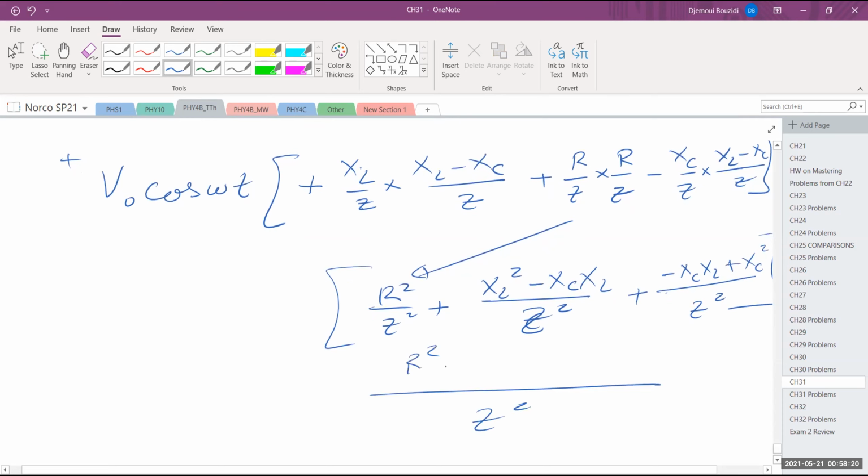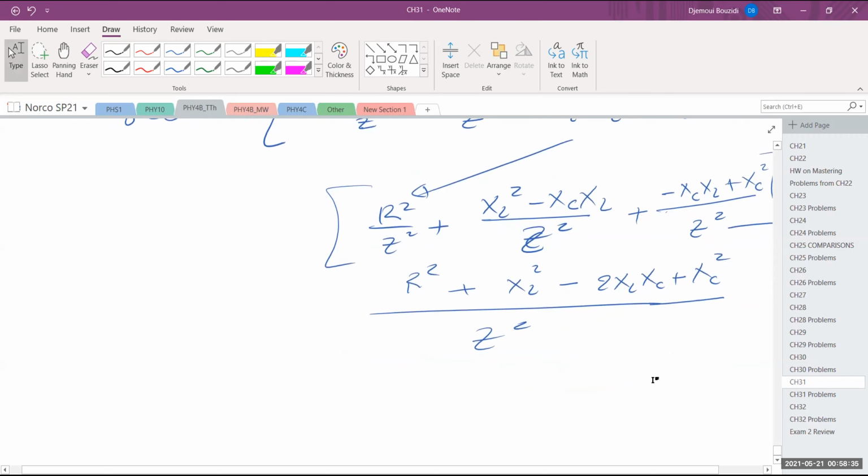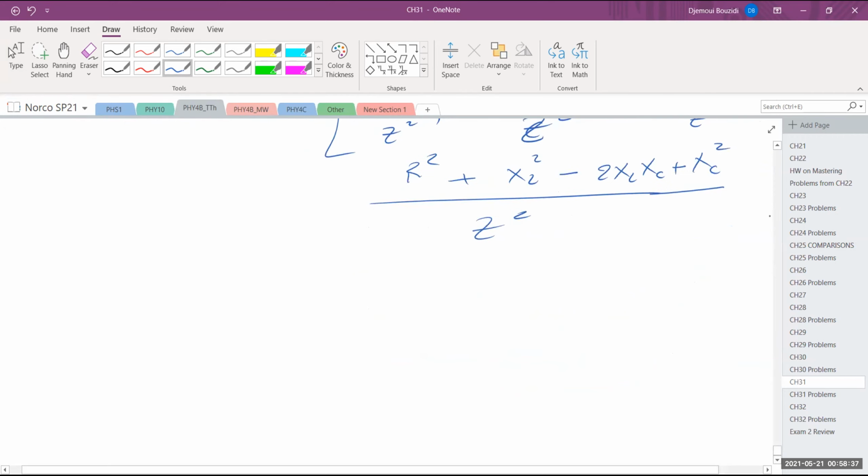And in here, what I have is R squared plus XL squared minus 2 XL times XC, plus XC squared. Well, this is just the square. This is just the square expanded of XL minus XC. These terms are XL squared plus XC squared minus 2 XL times XC. That is nothing but XL minus XC squared divided by Z squared.